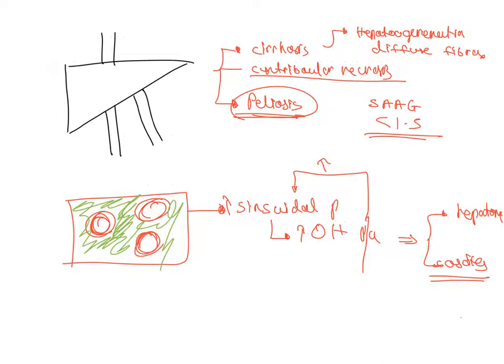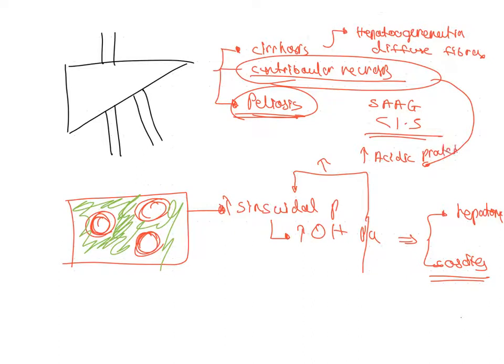But how do you differentiate between cirrhosis and central lobular necrosis? Central lobular necrosis in the ascitic fluid will have high ascitic protein due to leaking of lymphatic proteins into the ascitic fluid.